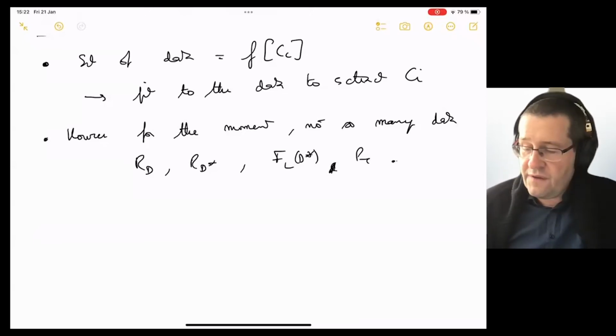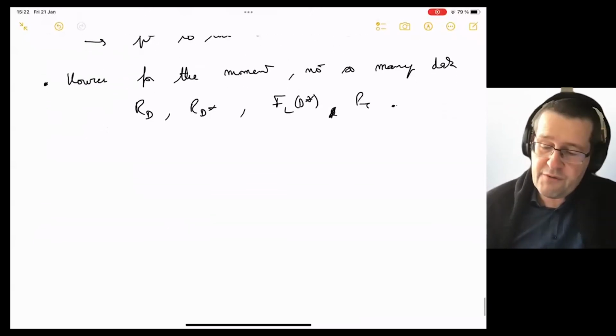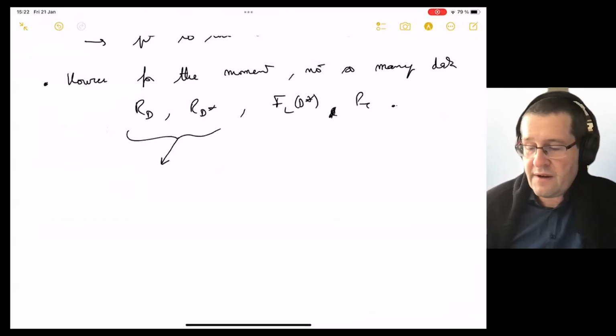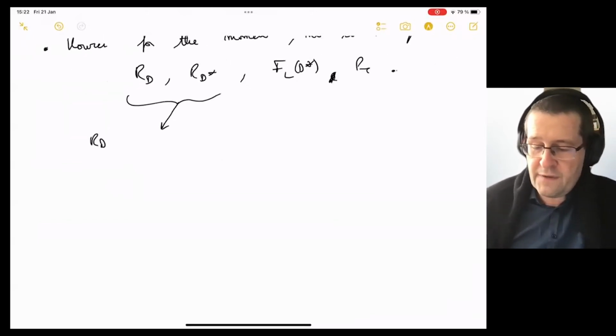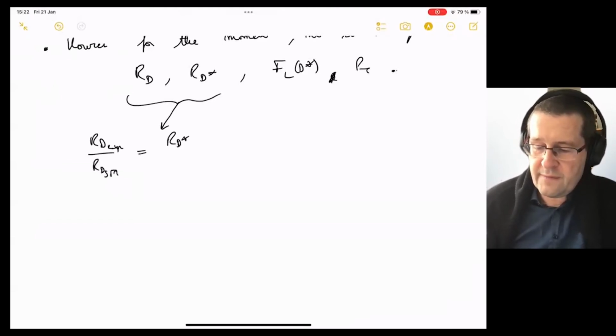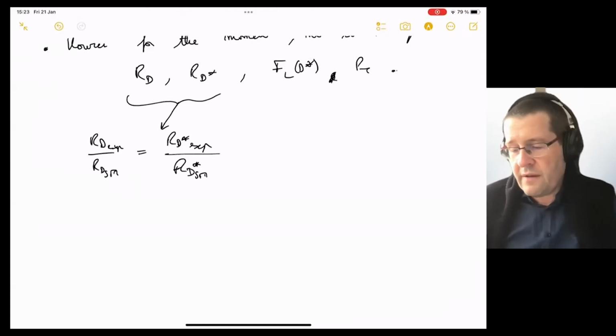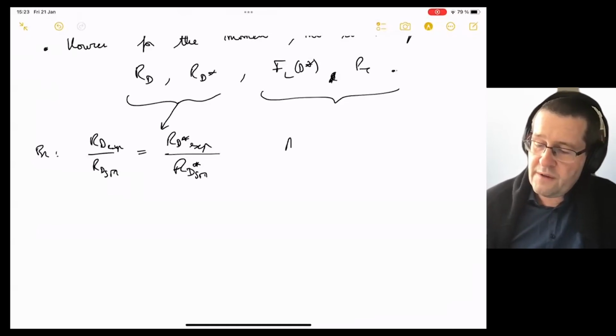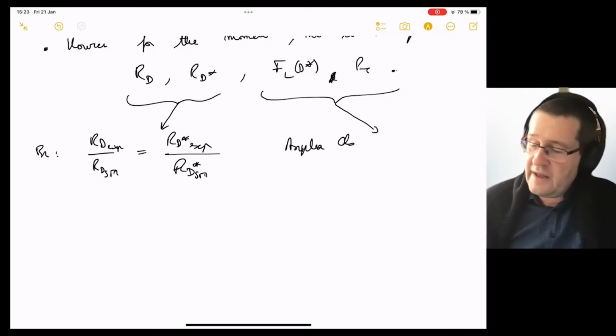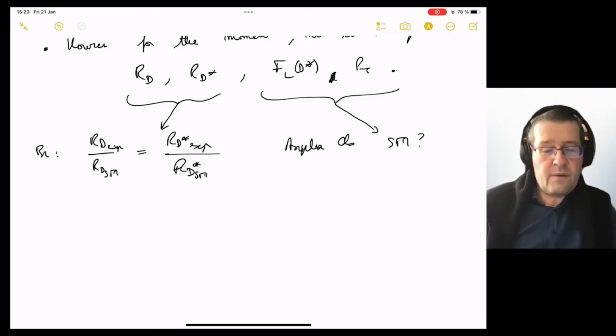So the idea is not so much to do that for the moment, but rather to say, okay, here I observed a deviation compared to the standard model, and it's more or less the same deviation in both cases. That's for the branching ratios. And for the angular observables, not much for the moment, so it seems standard model like.